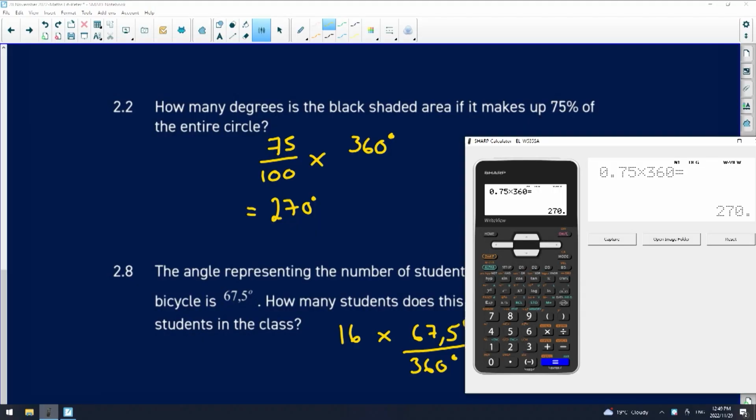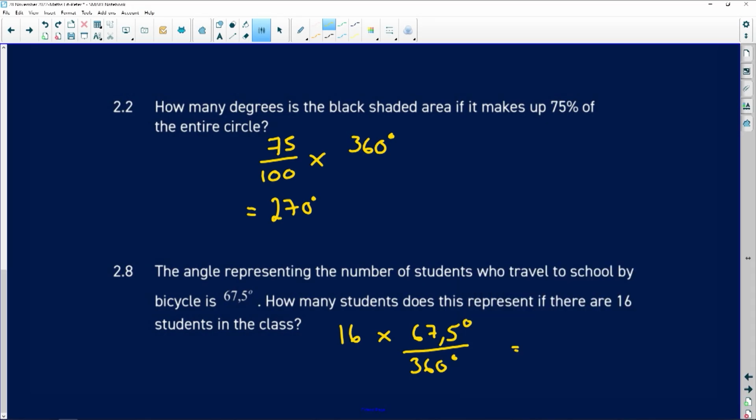We're going to say, right, I have got 16, and I'm going to multiply that by 67.5 all over 360 degrees, and that gives me 3 students. So 3 students in this class travel to school by bicycle.